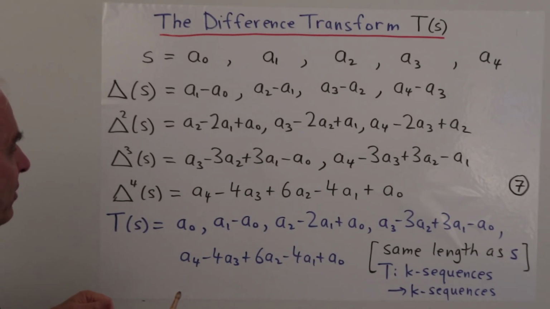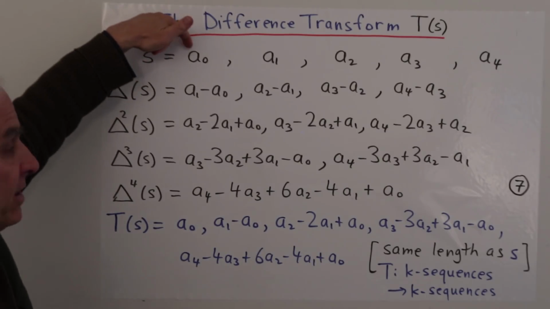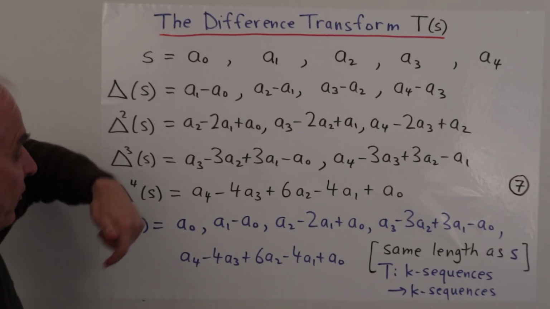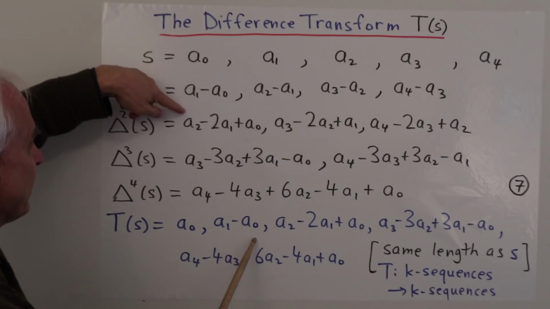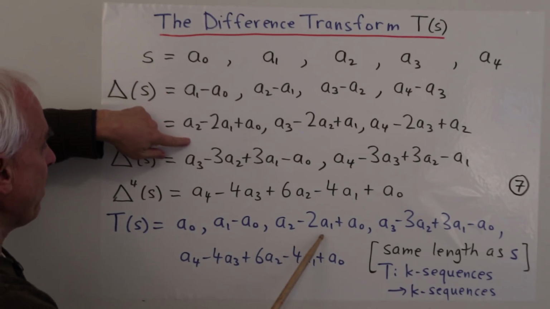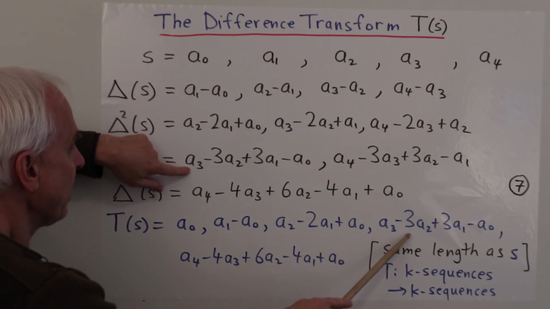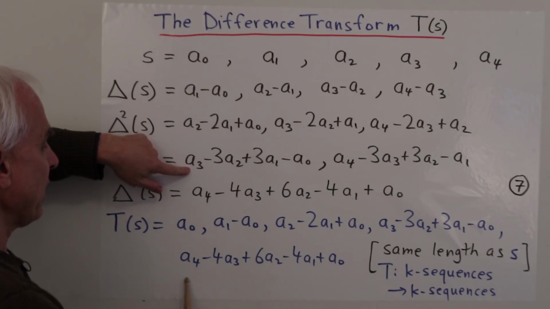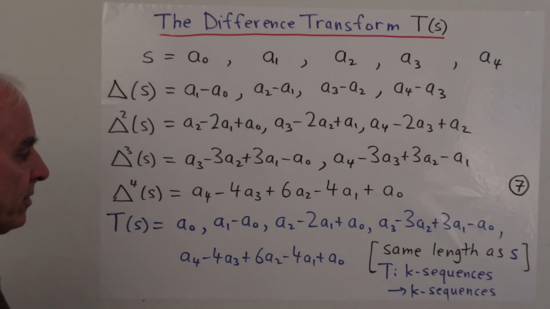So now we can write down what this difference transform is. T of S is going to be the zeroth elements of all of these consecutive differences. So starting with a0, then a1 minus a0, then a2 minus 2a1 plus a0, then a3 minus 3a2 plus 3a1 minus a0, and finally a4 minus 4a3 plus 6a2 minus 4a1 plus a0.